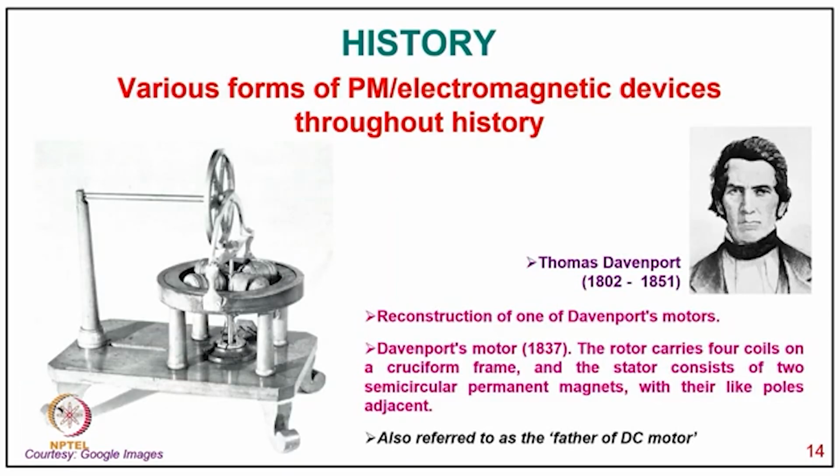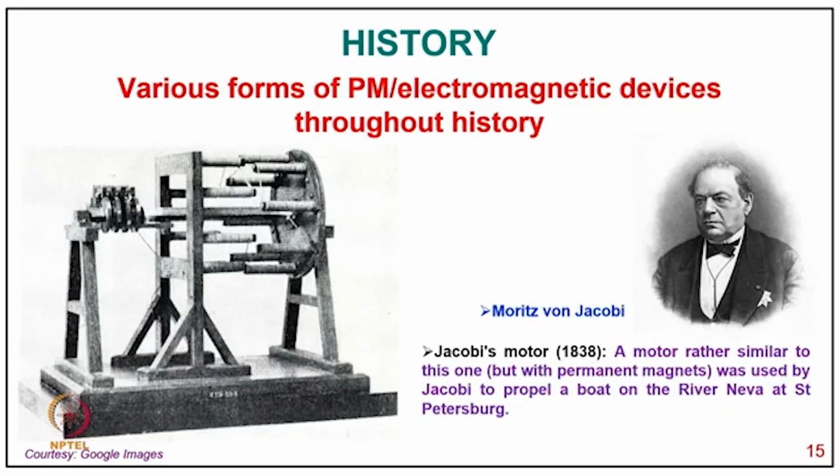So, the Davenport motor in 1837: the rotor carries the four coils on a cruciform frame, and the stator consists of two semicircular permanent magnets with like poles adjacent, and he is also referred to as the father of the DC motor.